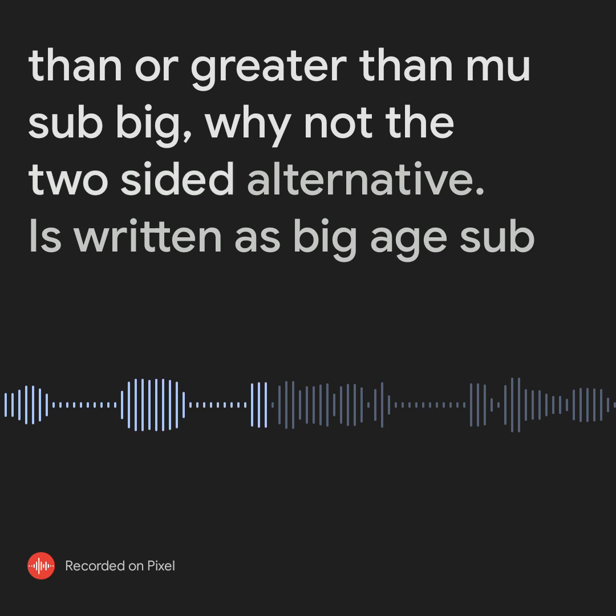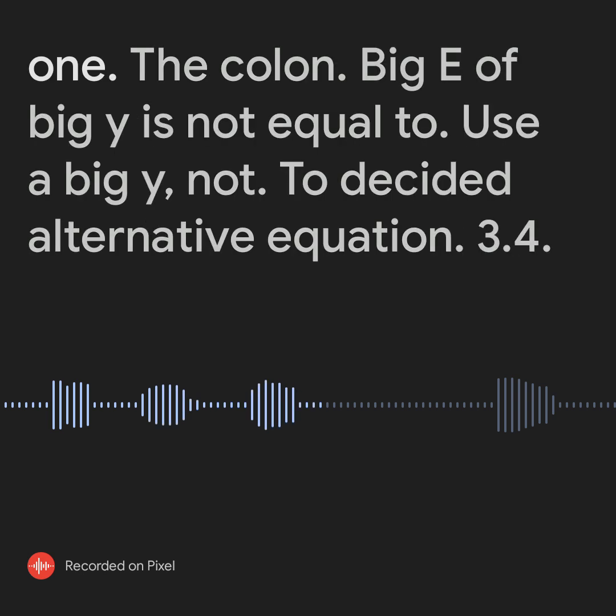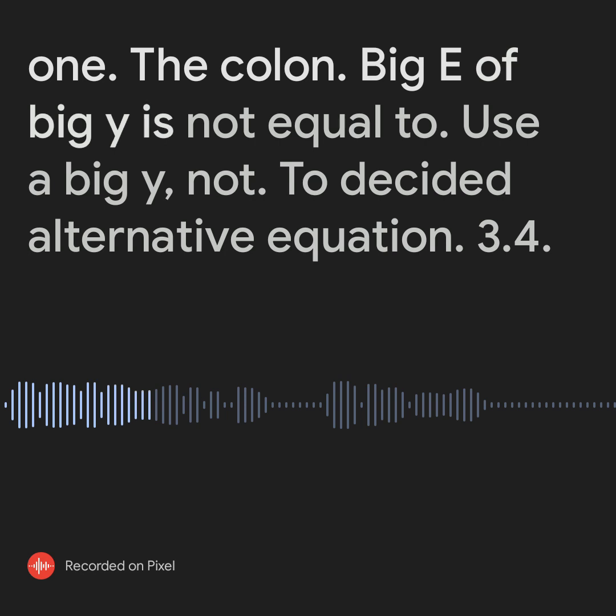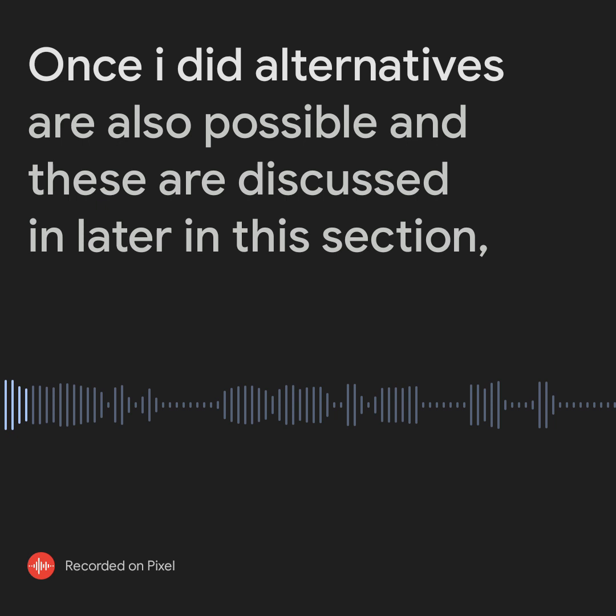The two-sided alternative is written as H sub 1: E(Y) is not equal to mu sub Y,0, two-sided alternative, equation 3.4. One-sided alternatives are also possible, and these are discussed later in this section.